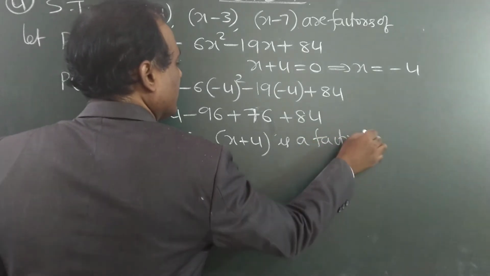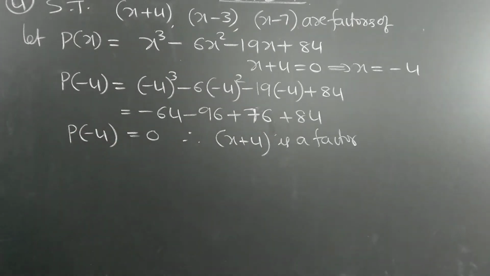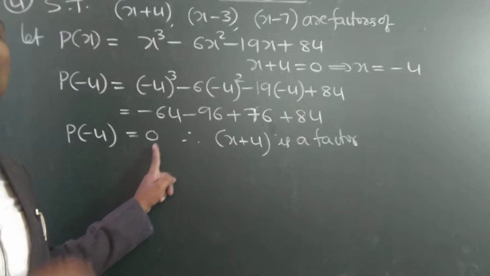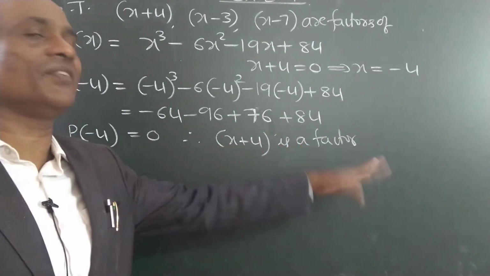It is 0, which means it is a factor. Remainder 0 means it is a factor. If p of a is equal to 0, then x minus a is a factor. Already we took minus, so minus of minus, x plus 4 is a factor.